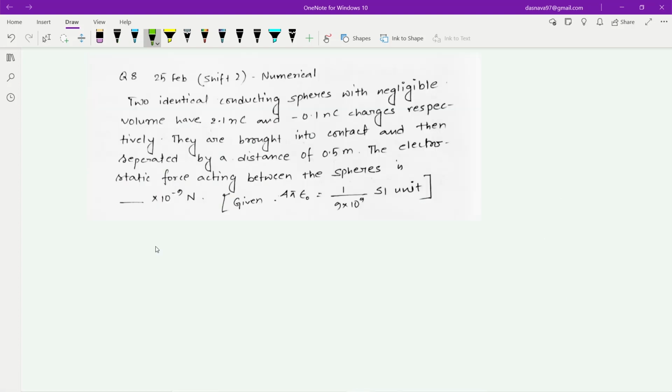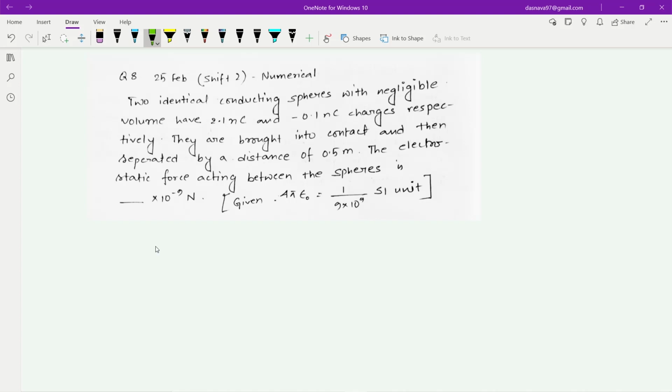Heading towards the next question, it says that two identical conducting spheres with negligible volume have 2.1 nanocoulomb and minus 0.1 nanocoulomb charges respectively. They are brought into contact and then separated by a distance of 0.5 meter. The electrostatic force acting between the spheres is dash into 10 to the power minus 9 Newton.